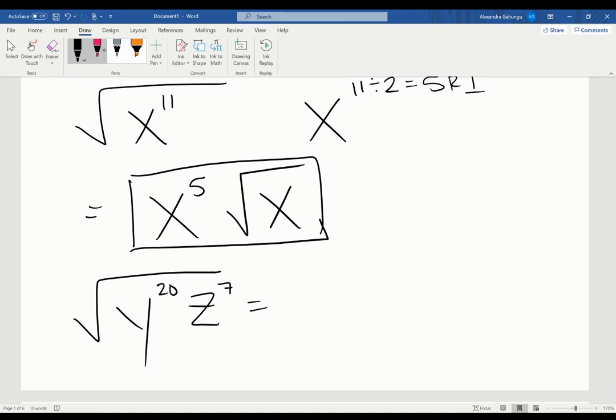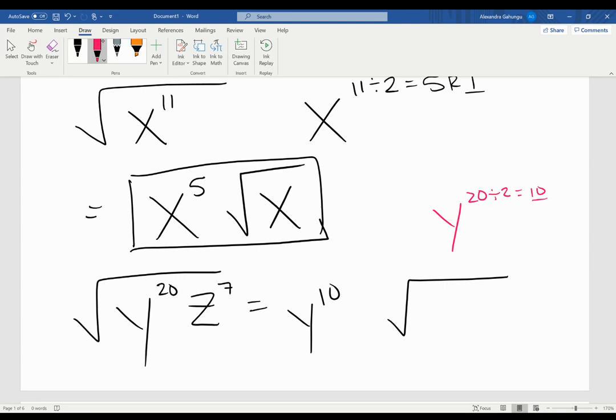So I want to look for buddies. So y to the 20th, I divide by 2, and I get 10. So that means I've got 10 y's that can leave the house, no y's that didn't have a buddy that remain. There's no remainder. So I'm going to give myself a little space and write the final answer here. So 10 y's can leave.